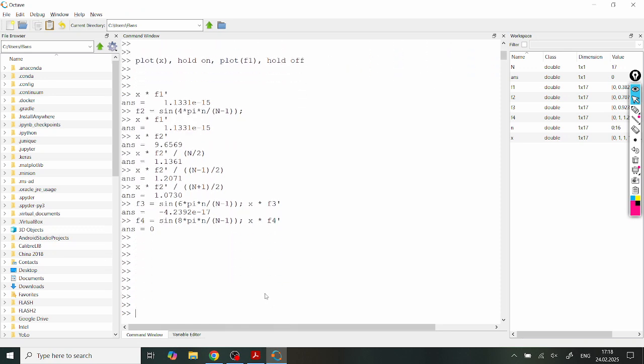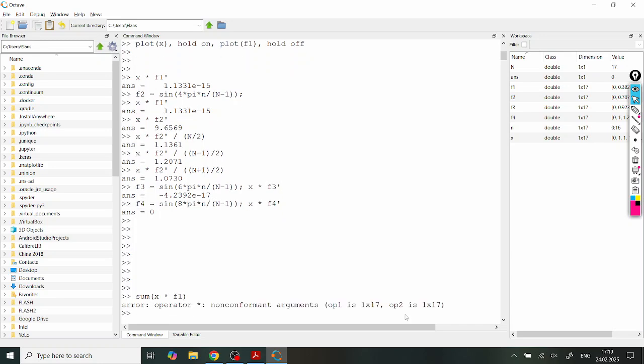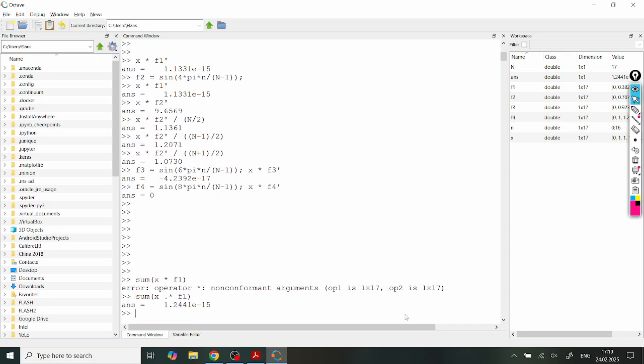Why specifically here was I so keen on using a matrix? Because I could have typed the summation of x multiplied by f1 with a point, obviously, which would produce the same result.